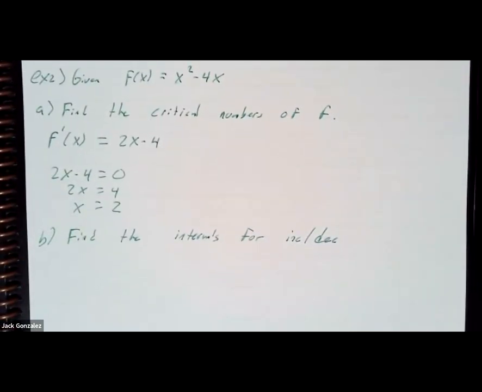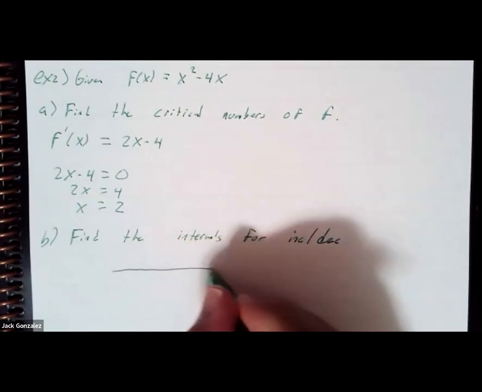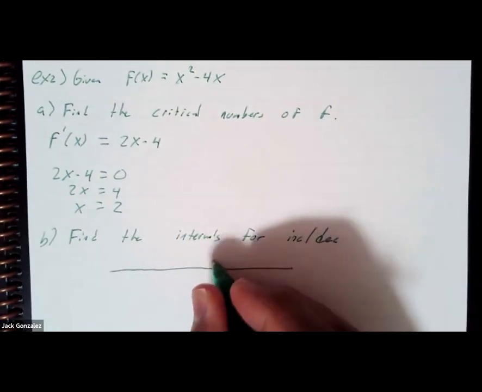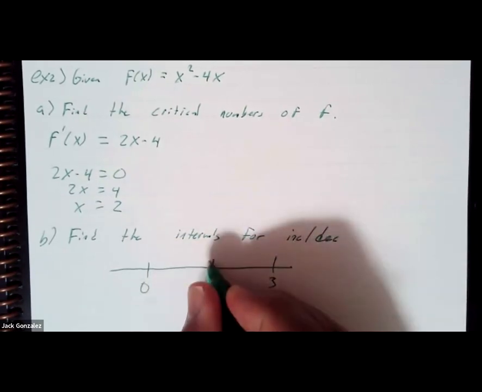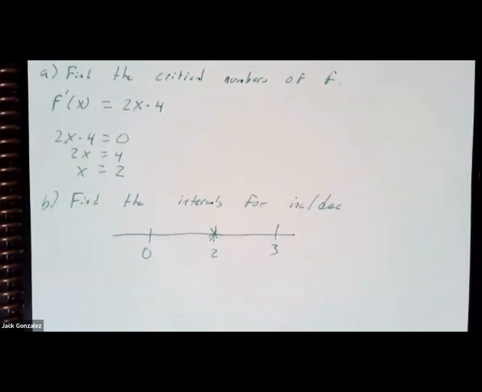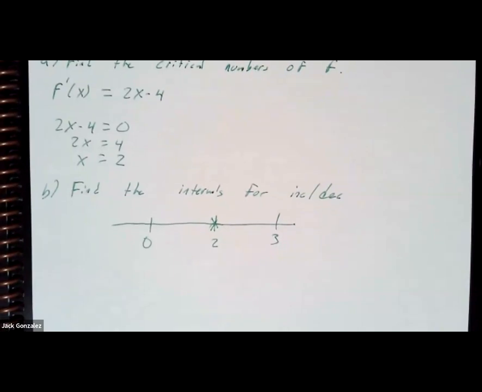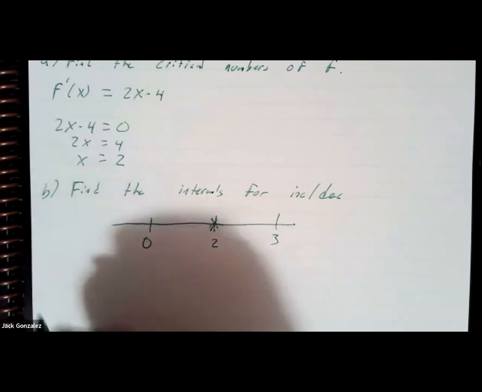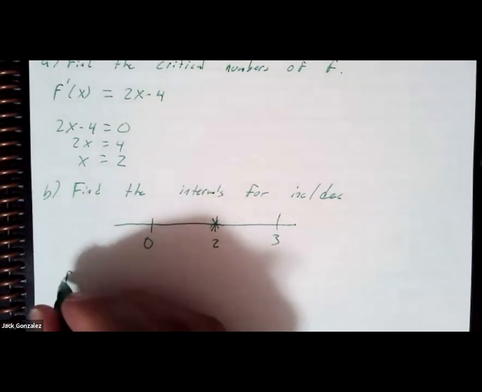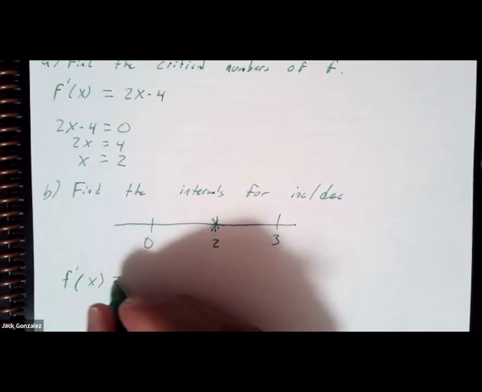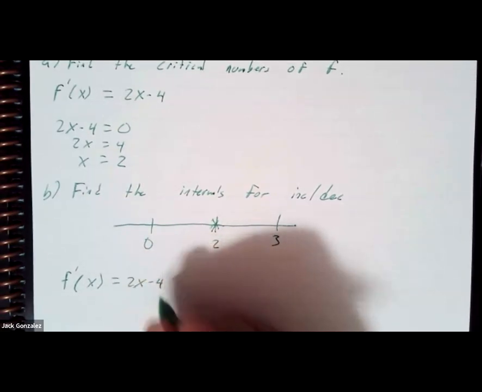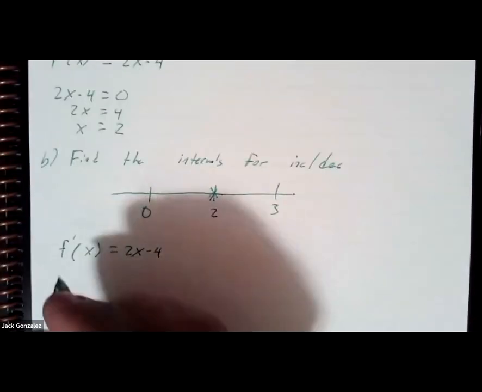So just test around. Once you have the critical number, test before it and test after. My special number. Okay, so just plug these numbers into the derivative and see if it's negative or positive. So f prime, I guess I'll write it again. There's the derivative function.